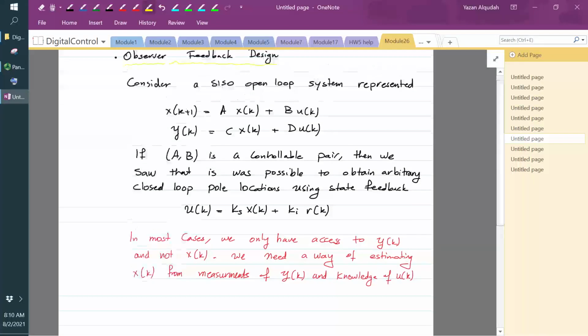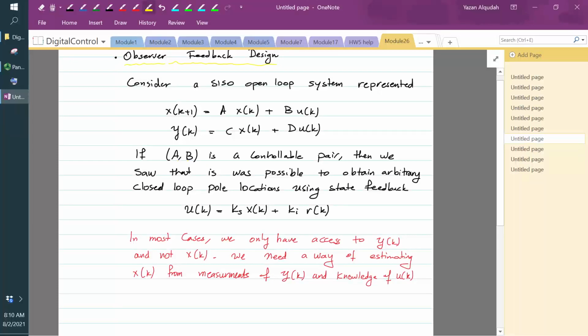Then if A and B is a controllable pair, we saw that we can arbitrarily place the poles of the closed loop system using the state feedback u of k equals minus ks x of k plus ki r of k.